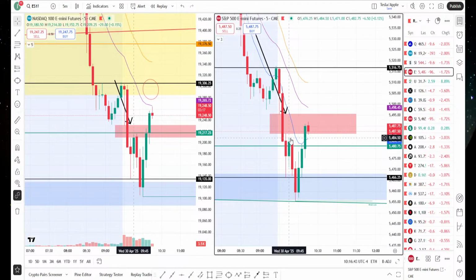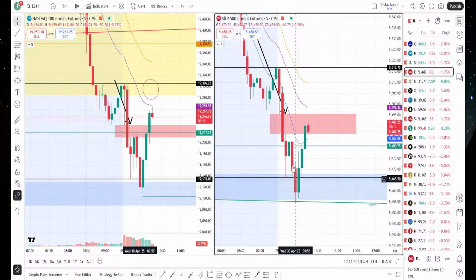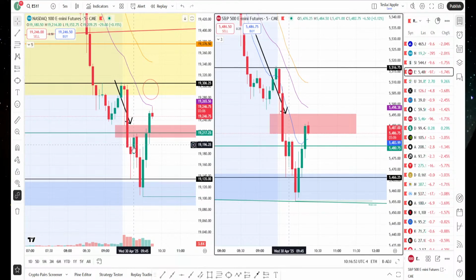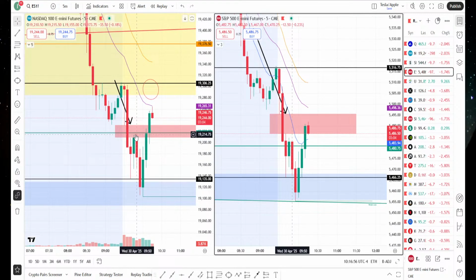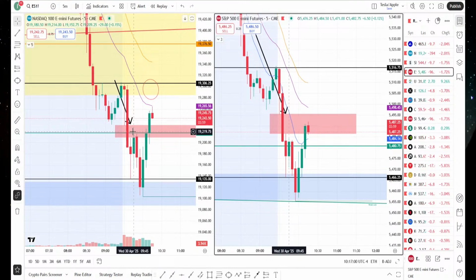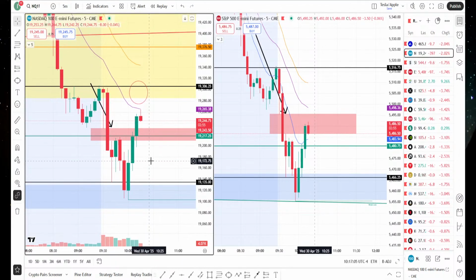You saw green up to here, and it kept going down. When the NQ stepped in at the same time, 940, 945, NQ was already up here. So that's how I knew.